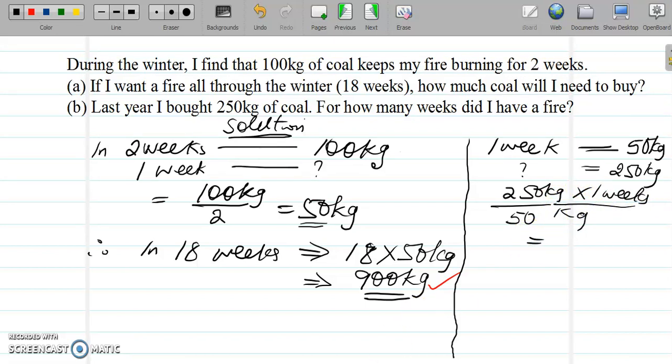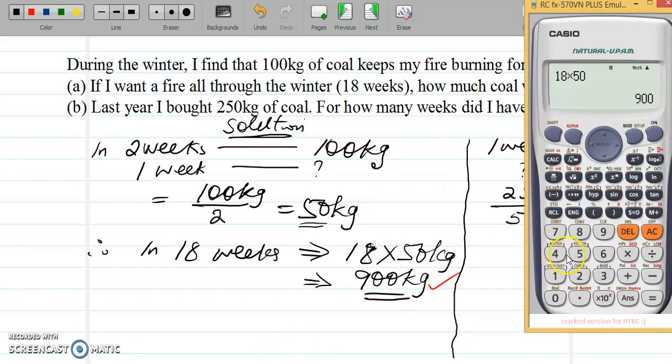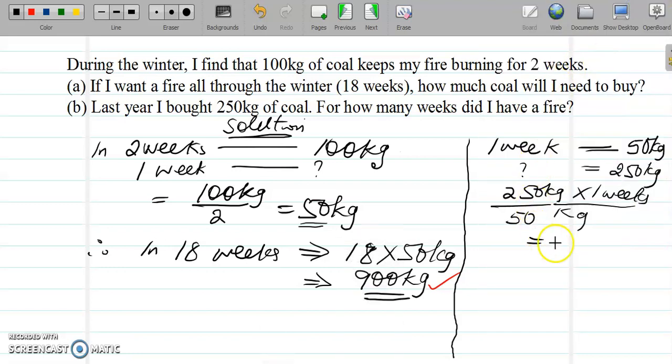We have 250 divided by 50. So that means 5 weeks. So in this case, I need 5 weeks to burn 250 kg of coal. So this is how we solve that of the direct proportion.